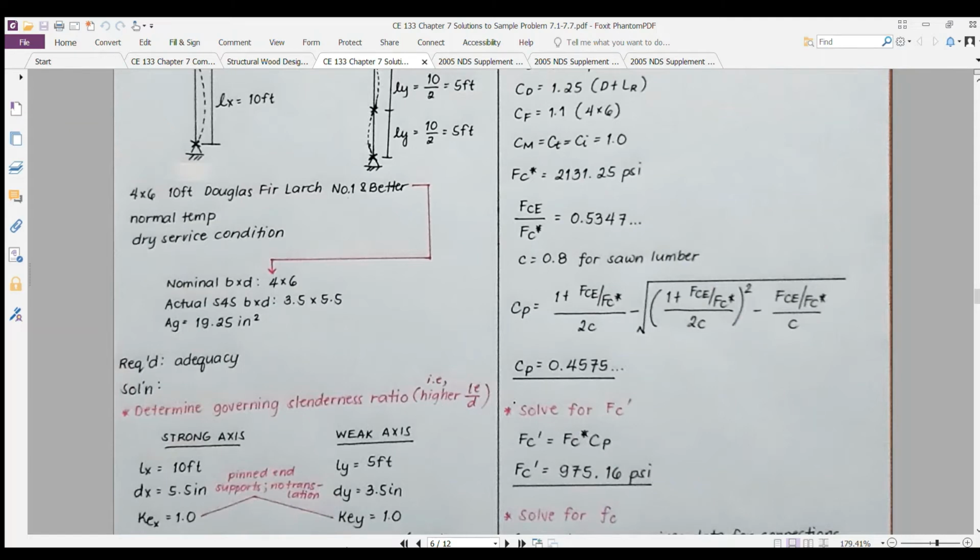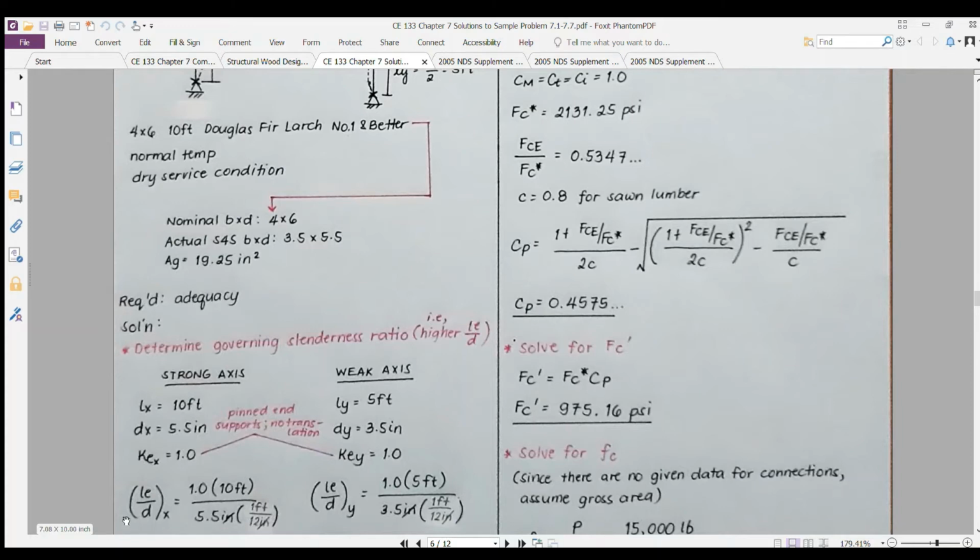We have a value of d sub y of 3.5 inches, which is the dimension perpendicular to the y-axis, and we have a value of K sub e y of 1.0, since pin connections are assumed for both strong and weak axis.